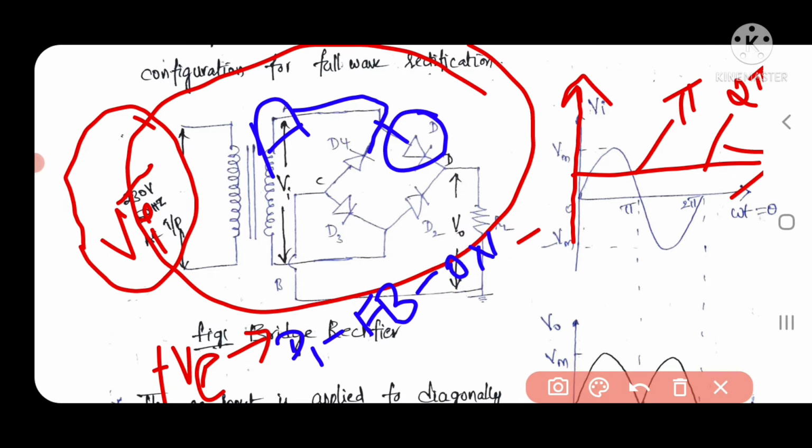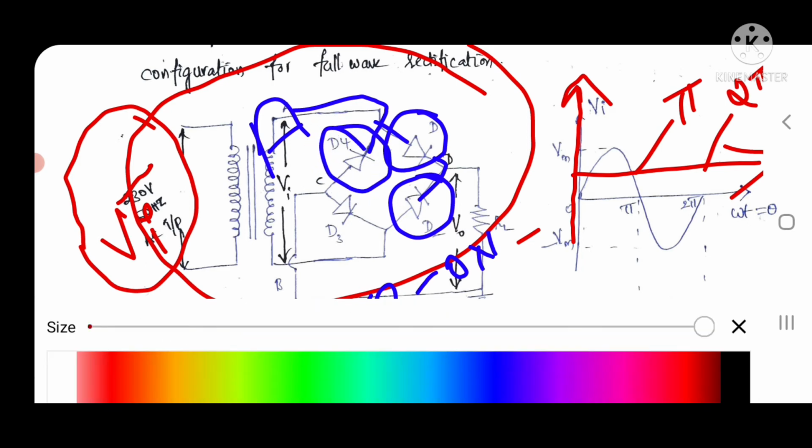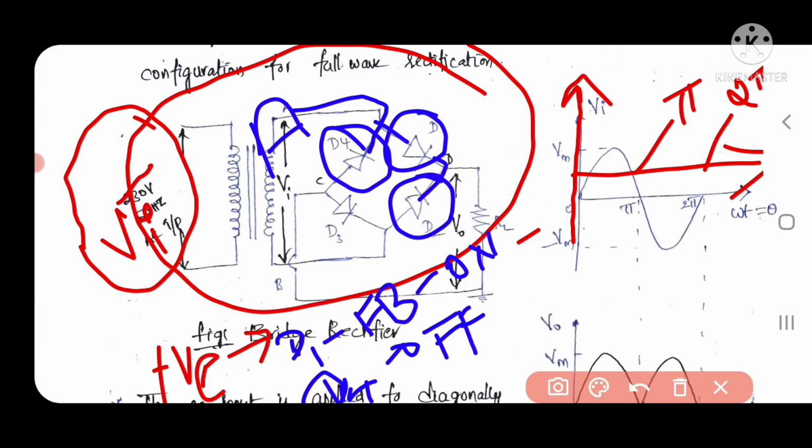D4 is in off condition, as well as D2 is in off condition while this current is passing. These 2 diodes, D4 and D2, are in off condition, and D1 and D3 are in on condition.